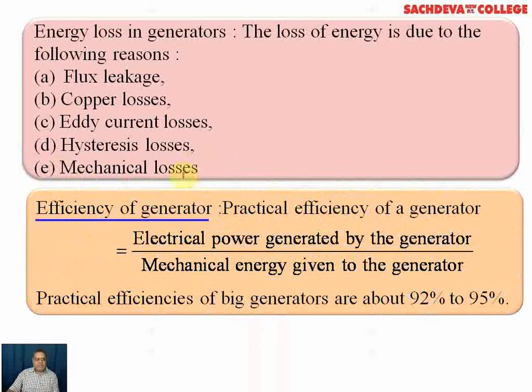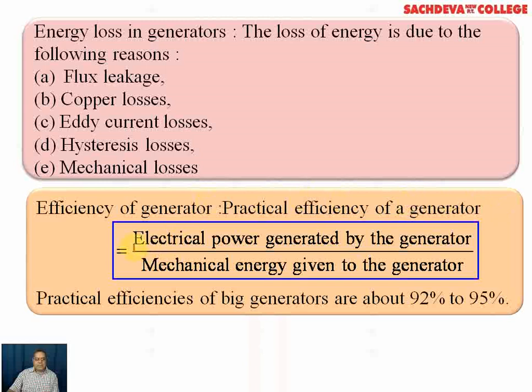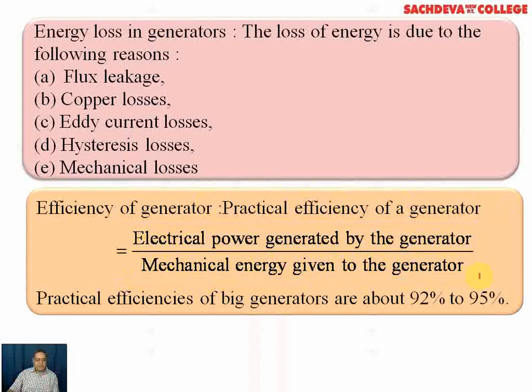So, the practical efficiency of a generator is estimated as the electrical power generated by the generator divided by the mechanical energy given to the generator. The practical efficiency of big generators is nearly 92% to 95%.